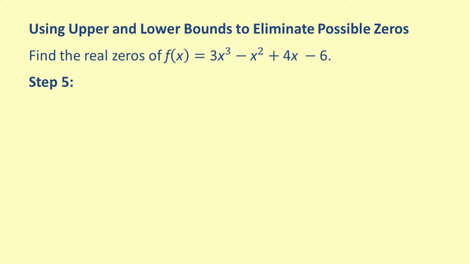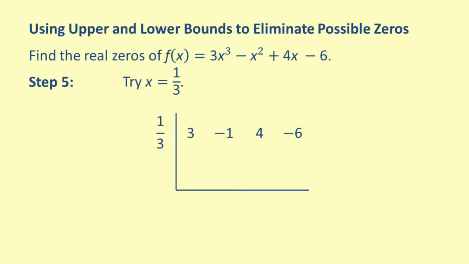Step 5. Since it's possible that 1/3 and 2/3 are zeros, let's try x equals 1/3. Use synthetic division again to solve. We'll carry down the 3 as the leading coefficient and multiply 1/3 times 3 to get 1. -1 plus 1 is 0. 1/3 times 0 is 0, so we'll write that under 4.